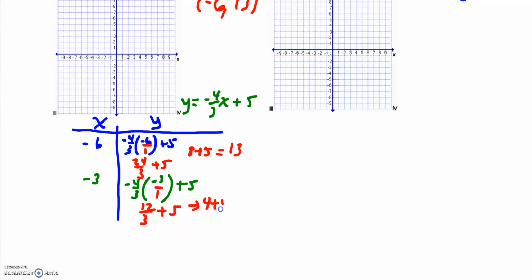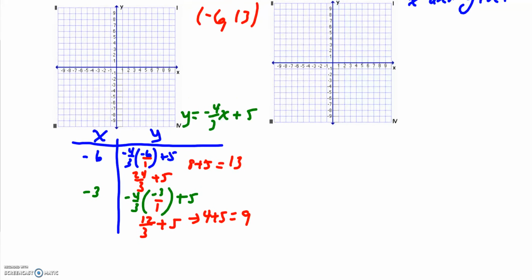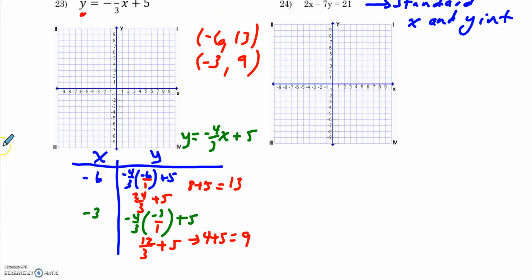So this is really 4 plus 5, or 9. So my next point is I plugged in a -3, and I got out a positive 9. And so if I graph that up here, over 3 up 9 would be here. So far it looks like these could be in a line. Let's keep going.